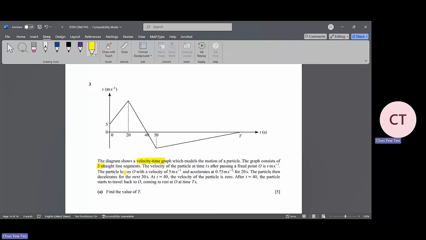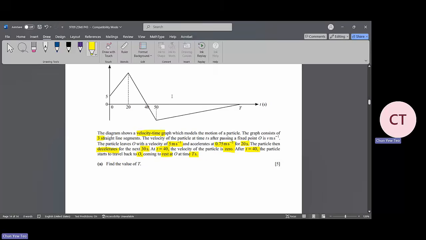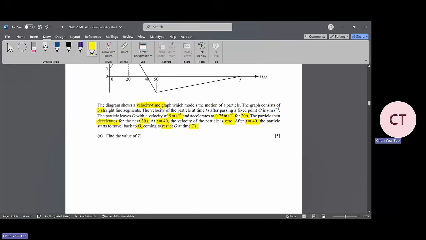The particle leaves O with a velocity of 5 meter per second and accelerates at 0.75 meter per second squared for 20 seconds. The particle then decelerates for the next 30 seconds. At t equal to 40, the velocity of the particle is 0. After t equal to 40, the particle starts to travel back to O and comes to rest at O at time t seconds. Find the value of t.